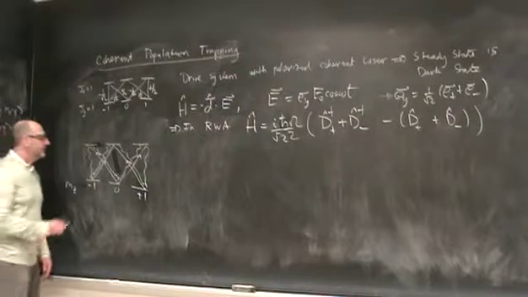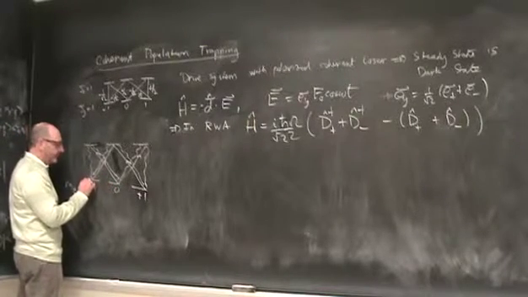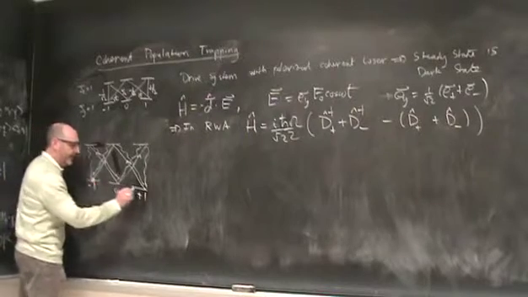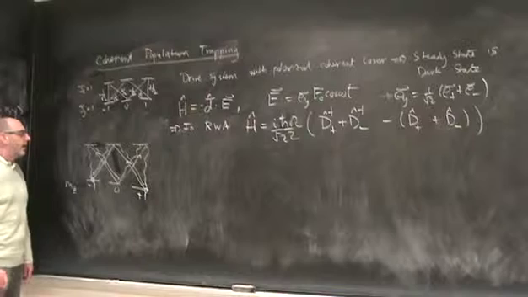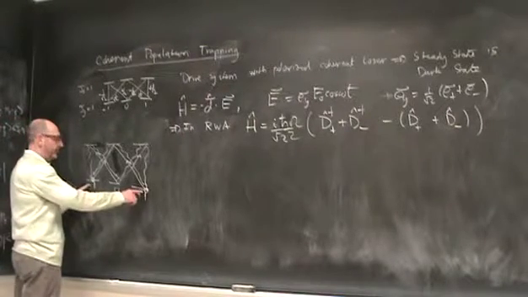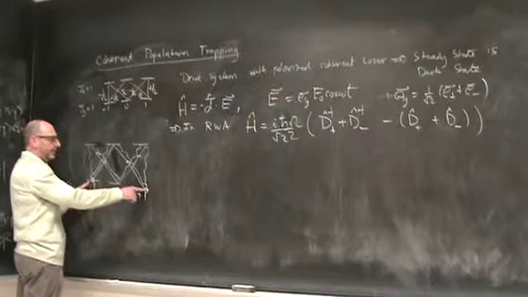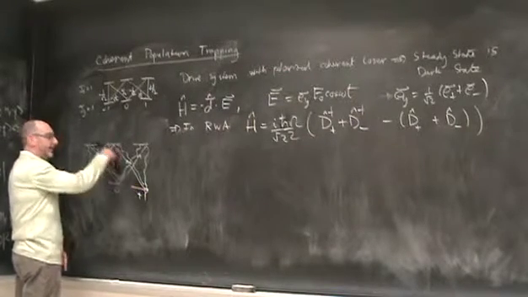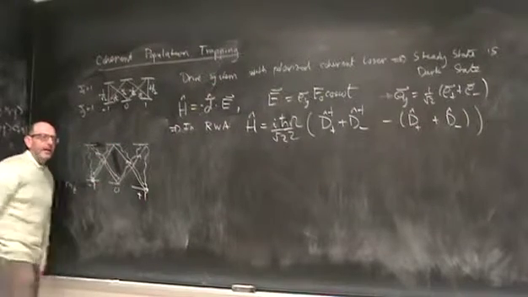What that means is that if the atom starts in either this state or this state, it always comes back to plus or minus 1. It can't get to 0, because the laser field can never get it there. There's no pi light.